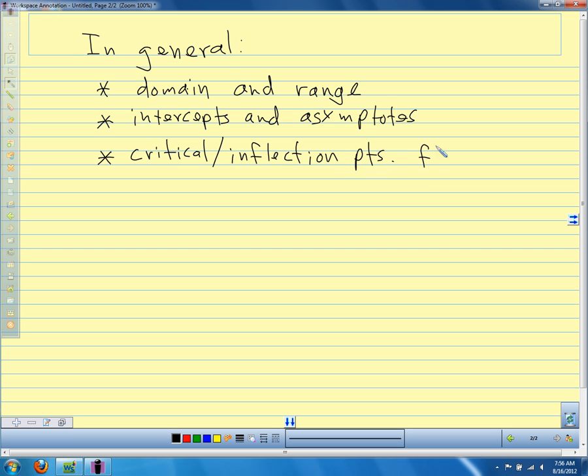We want to know our f double prime, f prime equals 0, or does not exist. And from these we can find the extrema. And these are usually going to give you a pretty good idea of what your graph looks like.